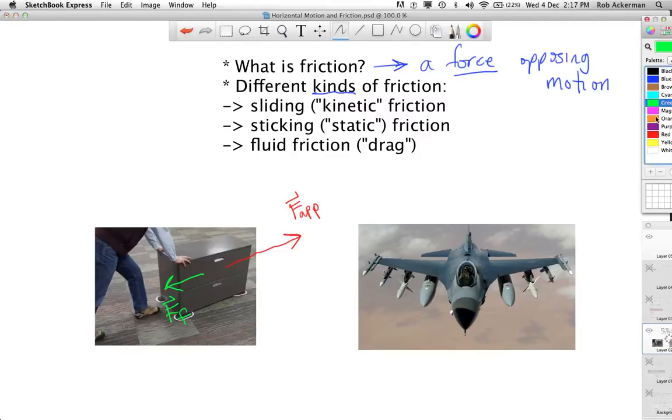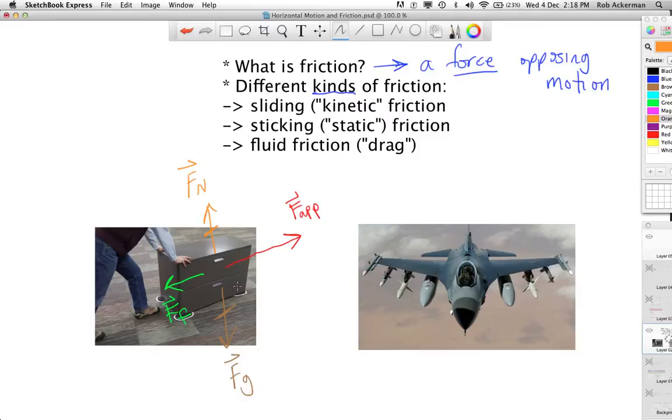Of course, there's also the upward normal force, and there is the downward force of gravity. However, as long as we're staying on level ground, the gravity force and the normal force are often equal, which means really this is a fight between the applied force and friction. Well, think about what's happening here.